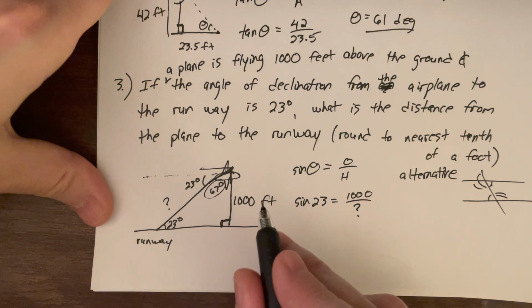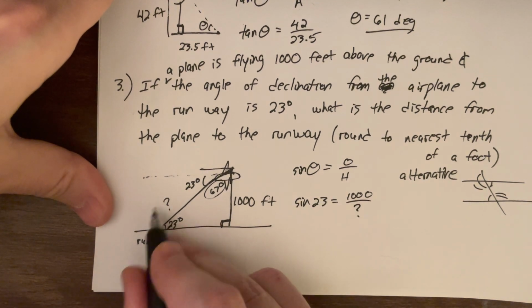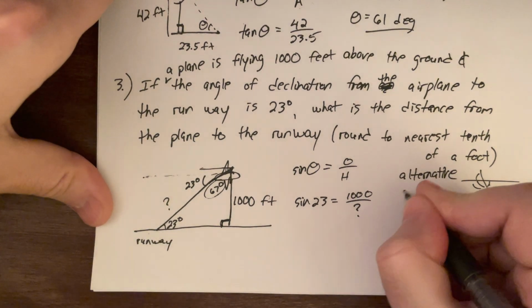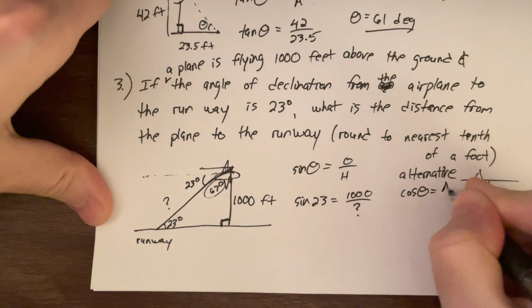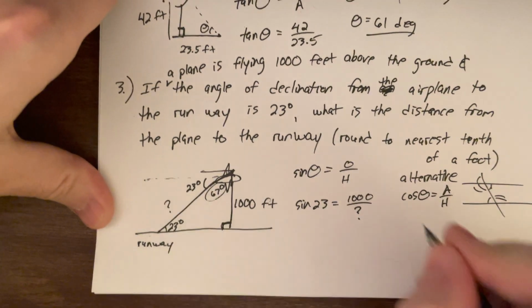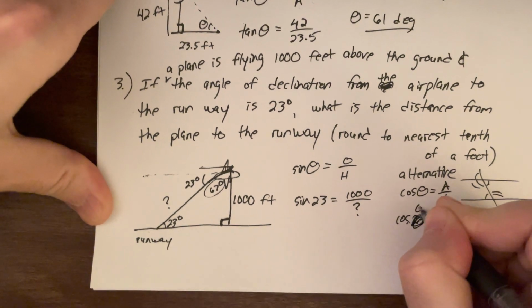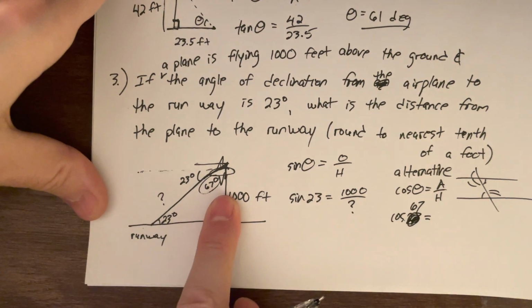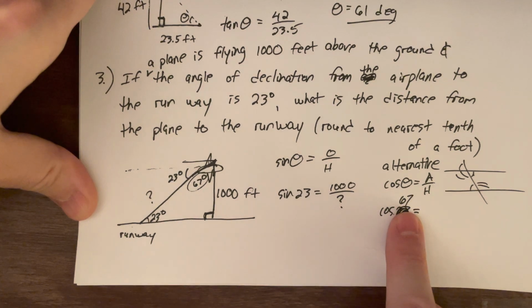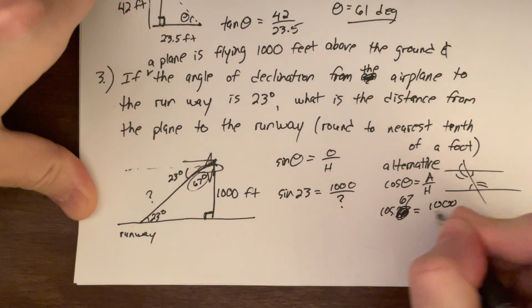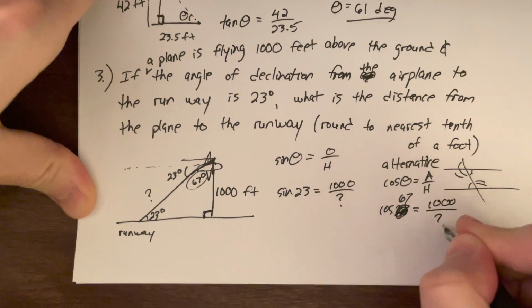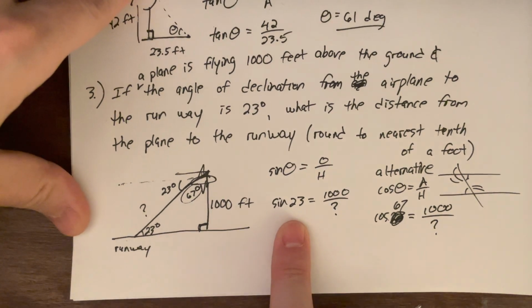So you have the adjacent, still want the hypotenuse, so now you would use cosine, because cosine uses those two sides, and you would get cosine of 67, and cosine of 67 would be 1,000 over the blank.